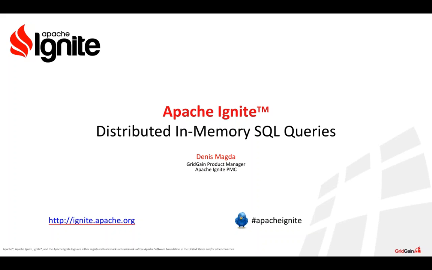And today, regardless of the fact that presently I take the role of a product manager here at GridGain, I'm really a technical person who contributed a lot to both Apache Ignite and GridGain, and I'm going to tell you a bit more on details of how Apache Ignite works, and specifically we will spend most of our time covering such a fancy feature as distributed in-memory SQL queries that is available in the Apache Ignite distributed platform.